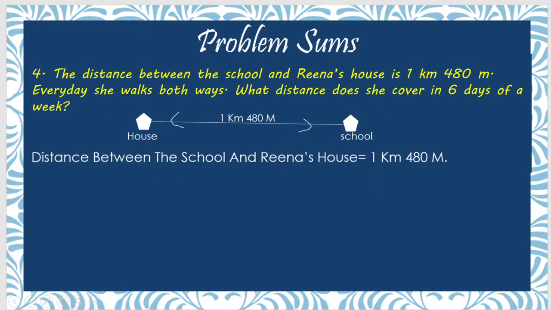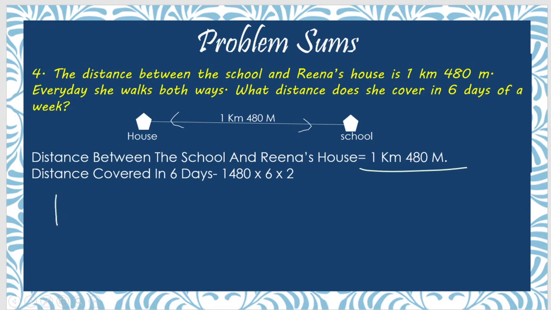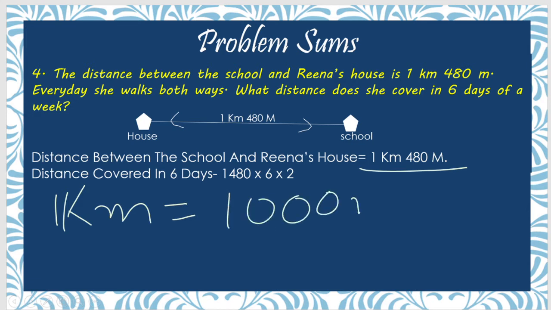The statement will be like this: the distance between the house and school. Then the next statement, distance covered in 6 days. Okay, I have converted this kilometer into meters. 1 kilometer is 1000 meters. So I have converted 1 kilometer equal to 1000 meters plus 480 meters.